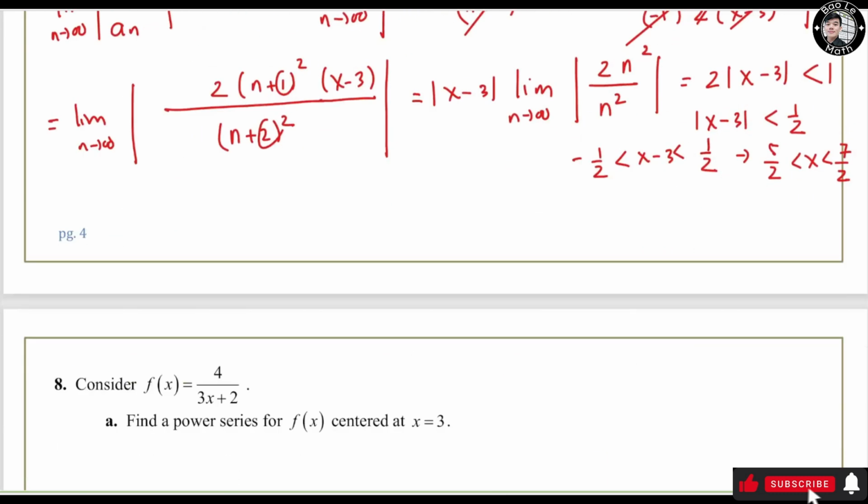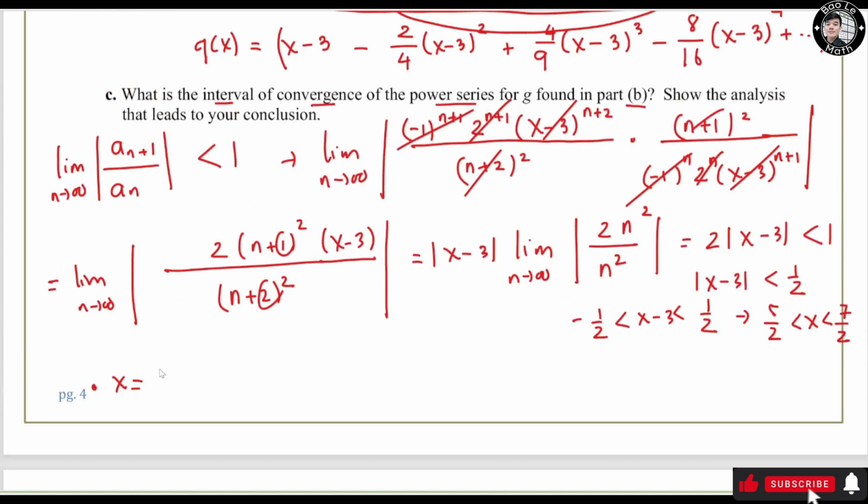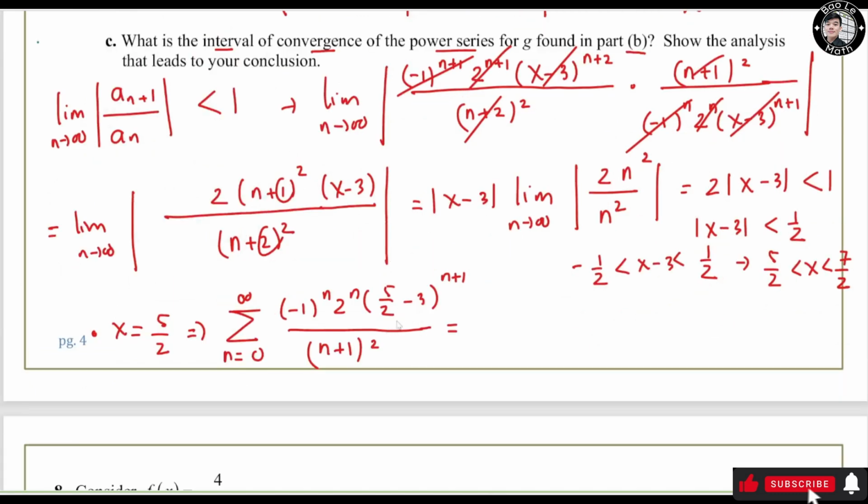Now we're going to check the endpoints. First, s equals 5 over 2. The series becomes, now we simplify: 5 over 2 subtract 3 is negative 1 over 2. So we have negative 1 raised to the n plus 1 over 2 raised to the n plus 1.